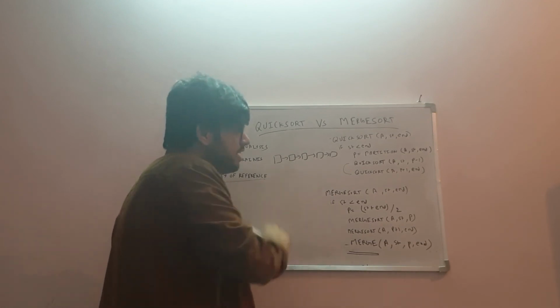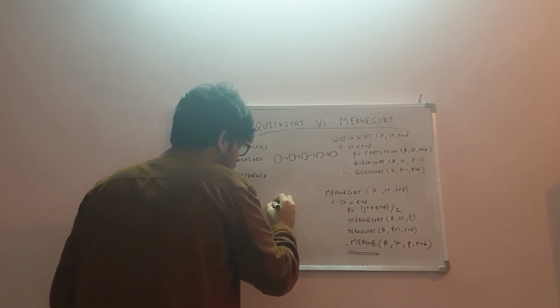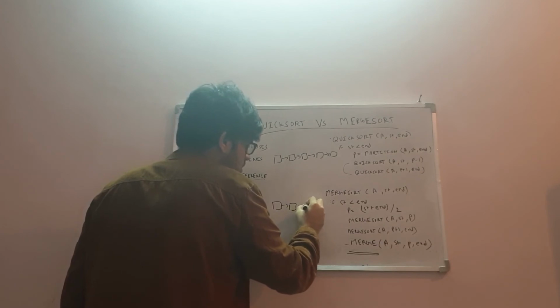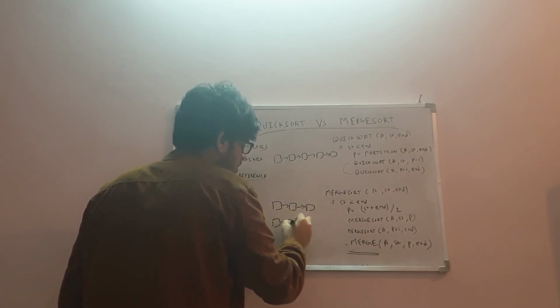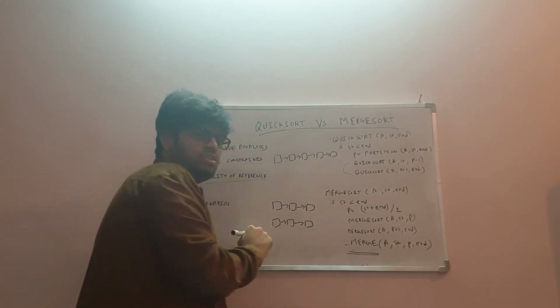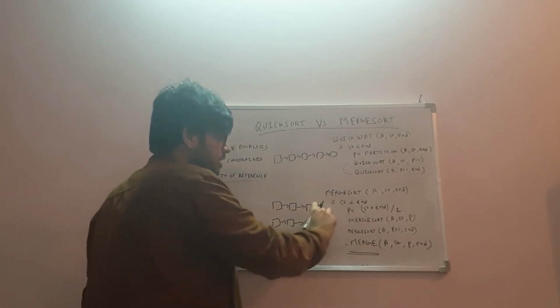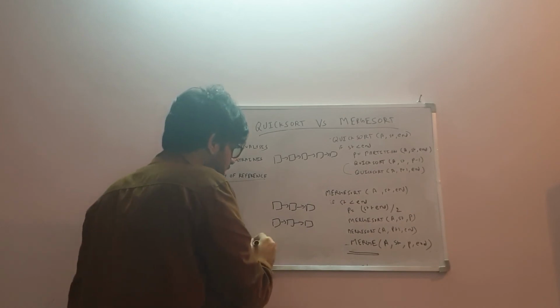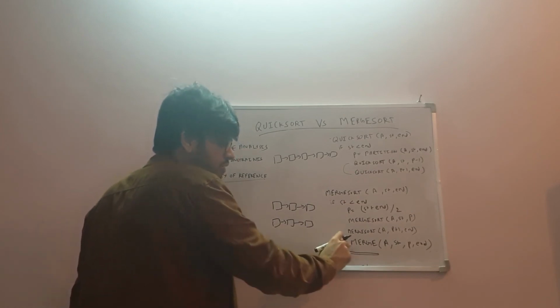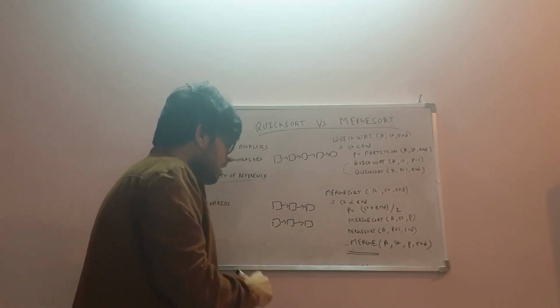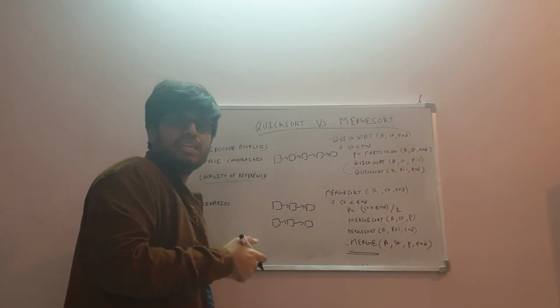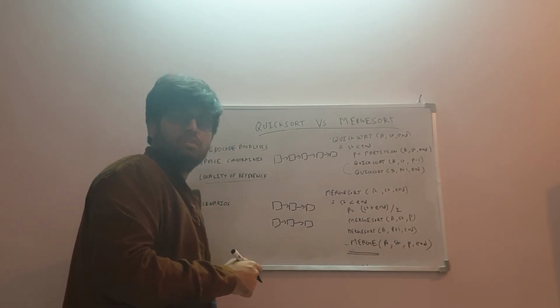Now what will happen in the case of Mergesort? Let's see. Suppose we have these two sorted halves and these could be of any length, probably equal lengths, right? Now we need to do the merge step for both of these halves. Now, in the case of a linked list, do we need extra space for the merge step? No, we don't.